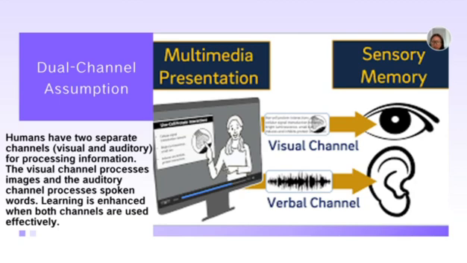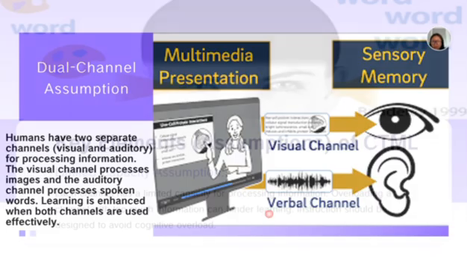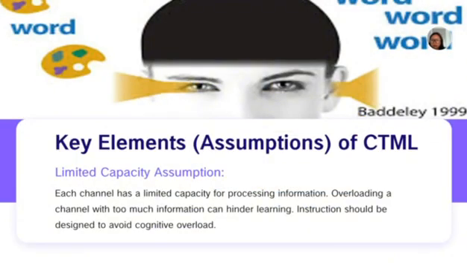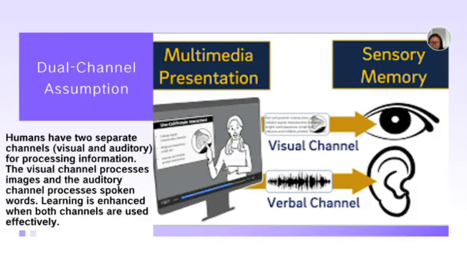The visual channel is responsible for processing images and videos, while the auditory channel processes language and sound. When these 2 channels work simultaneously, information processing is more efficient because they can process different types of information in parallel.